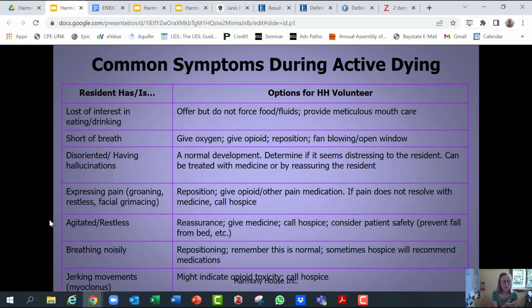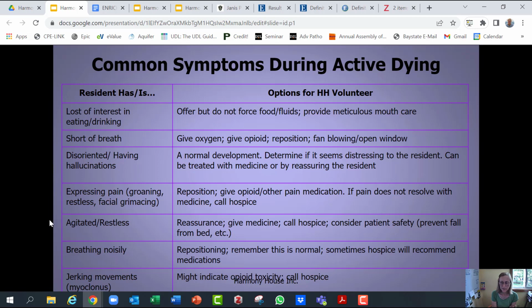The general consensus is that this death rattle or noisy breathing is not thought to be distressing to the patient because they are in that latter stage of the dying process where they're comatose, semi-comatose, and aren't necessarily feeling the consciousness around what's happening to them physically. Nevertheless, we want to provide reassurance, and sometimes hospice will recommend medications that can help with drying secretions that are pooling in the back of the pharynx.